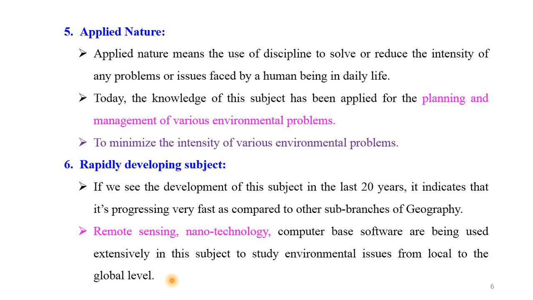Due to its applied nature, the use of the latest technology like GIS and remote sensing is also very useful for updating the knowledge in the field of environmental geography. And therefore, this subject is growing very rapidly as compared to other branches of science.